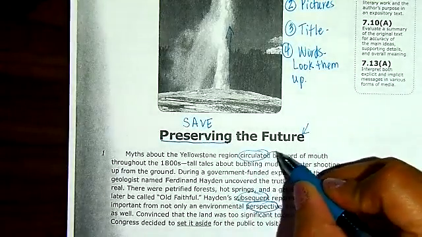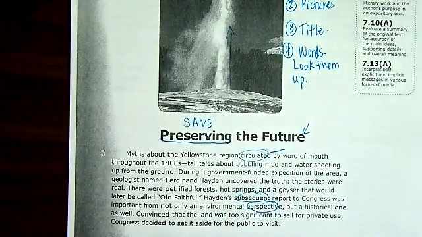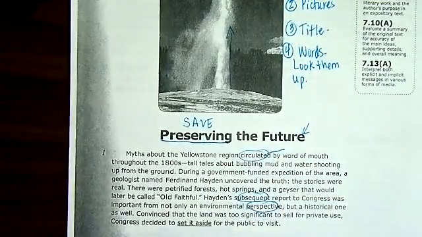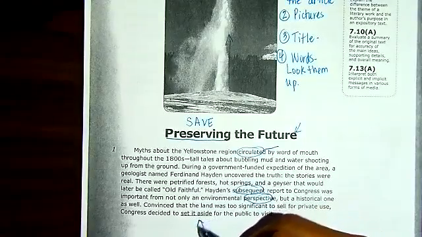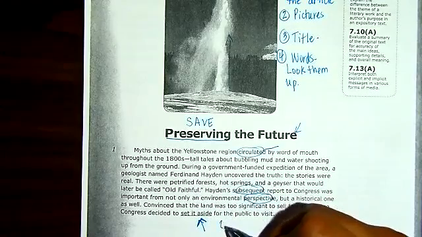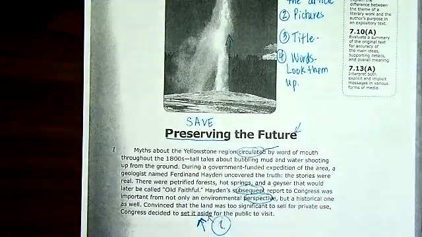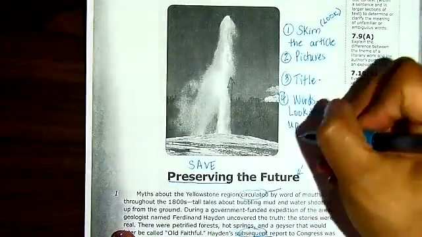And when I look them up, I can add my definitions to the side. And I want you to look at your underlined words, because every time that you see an underlined word, there's always going to be a question about it. Okay. So then once you look at all the words that you don't know, then prepare to read.